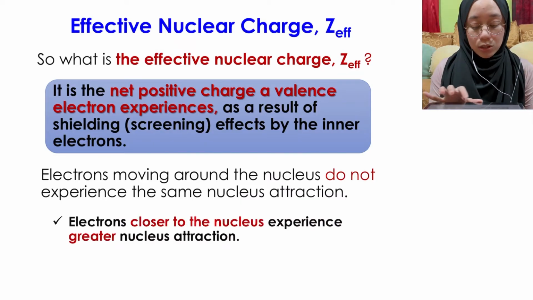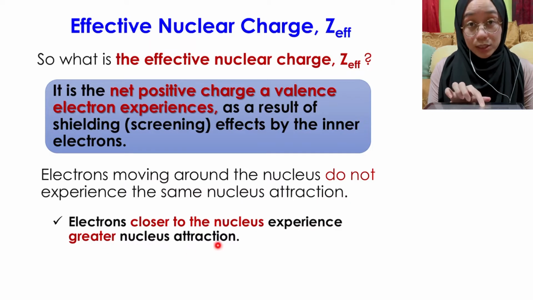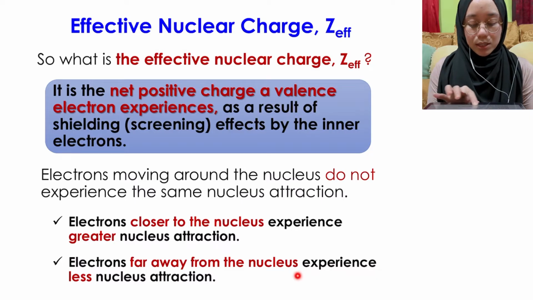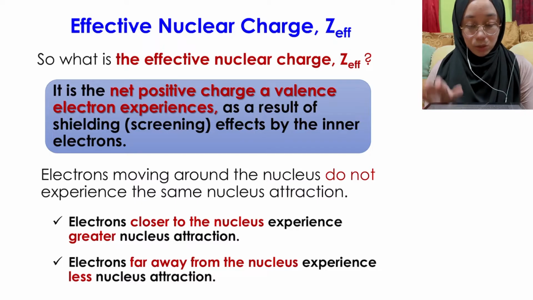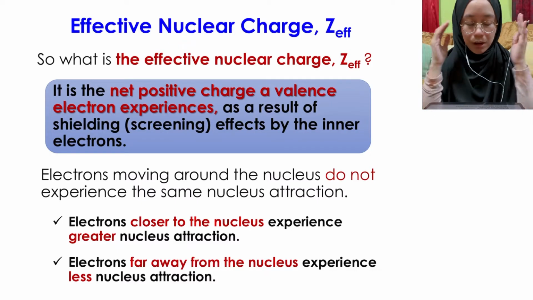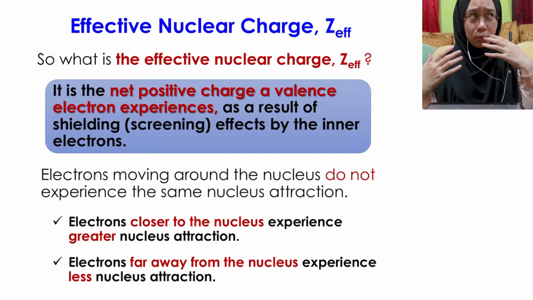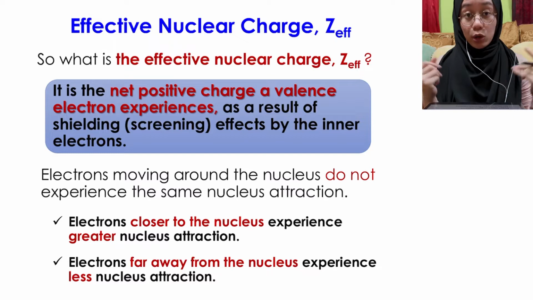So the electrons closer to the nucleus, they experience greater nucleus attraction. Meanwhile the one that is far away from the nucleus, they experience less nucleus attraction. Okay, so that is ZEF. Kalau kamu faham konsep ZEF ni, you should be able to figure out whether the size is actually bigger ataupun smaller.